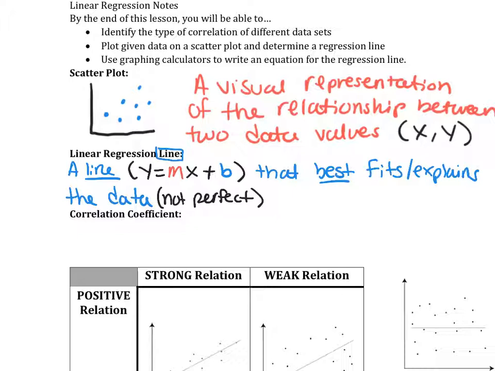And just like with our regular equations of lines, our slope, or m, is the slope, which is saying the slope is rise over run, so it's every change in y for one change in x.